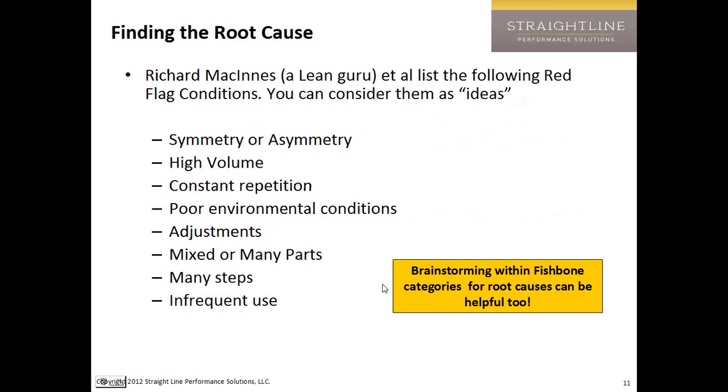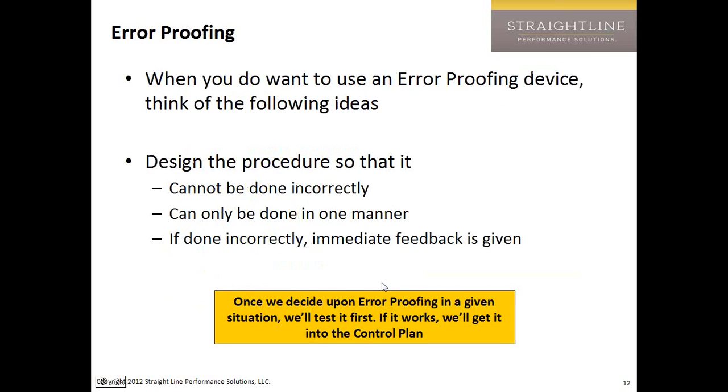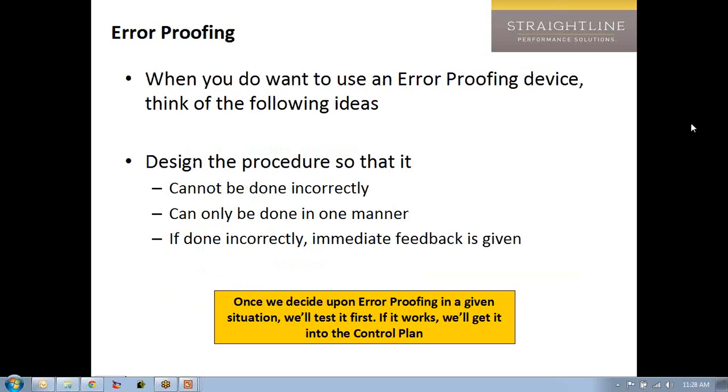The basic ideas of error proofing are, and I'm going to come back to this in just a minute, if you have something that you need to error proof, think of it in these 3 ways. First, figure out if you can design it so that, let's go with our form example, it can't be done incorrectly.